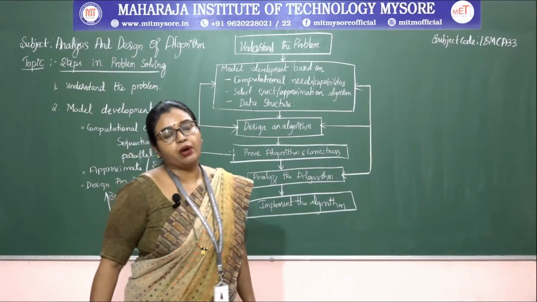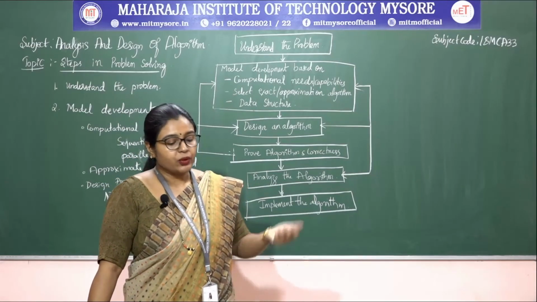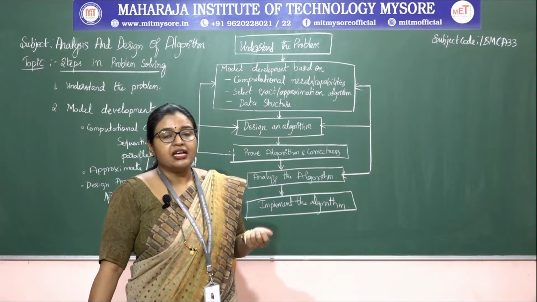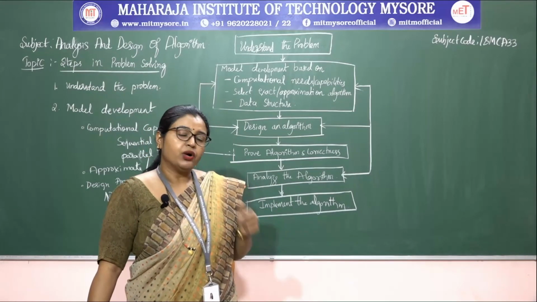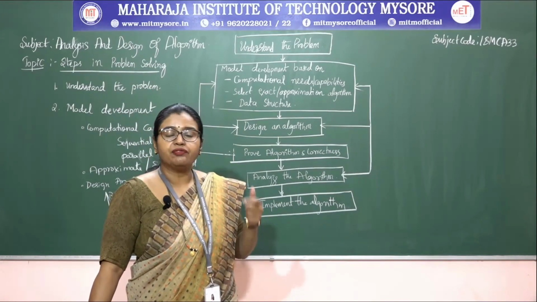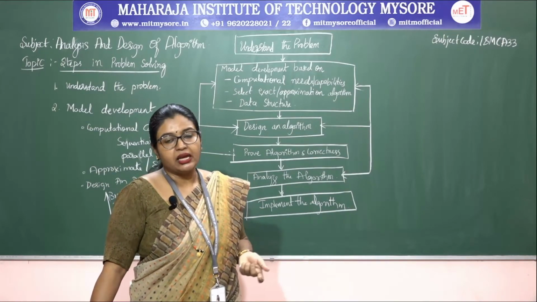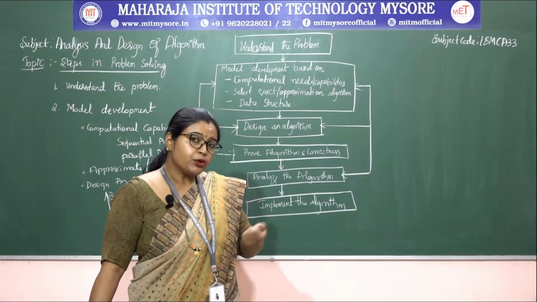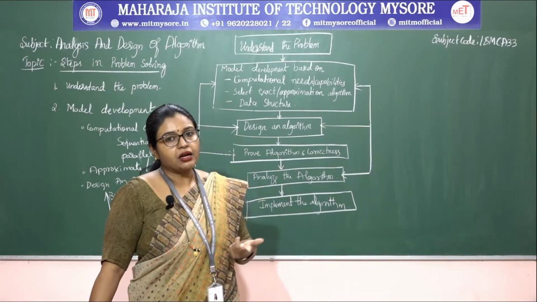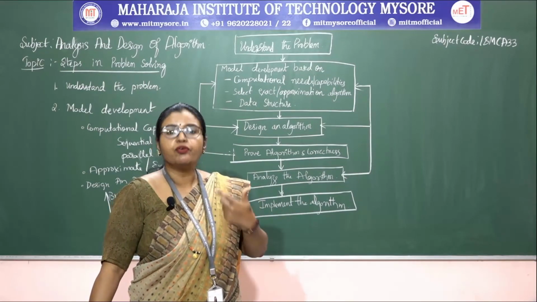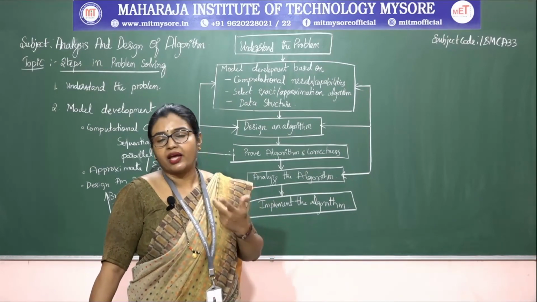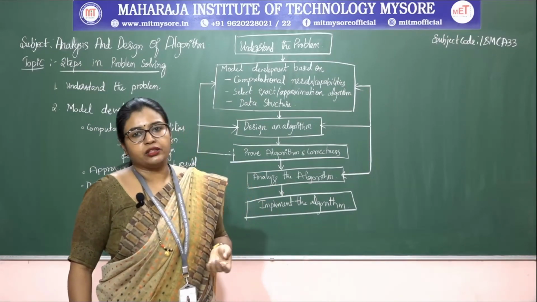If your machine supports sequential execution, then you have to go with sequential only. If your machine supports parallel computing and it is suitable for your problem, you can go with a parallel algorithm also.